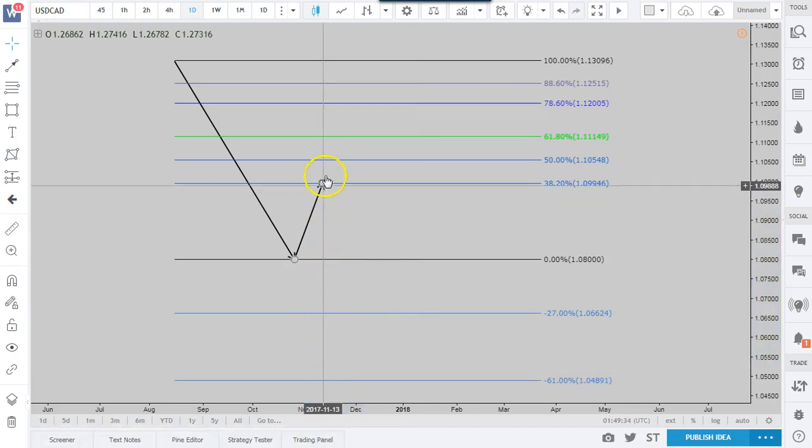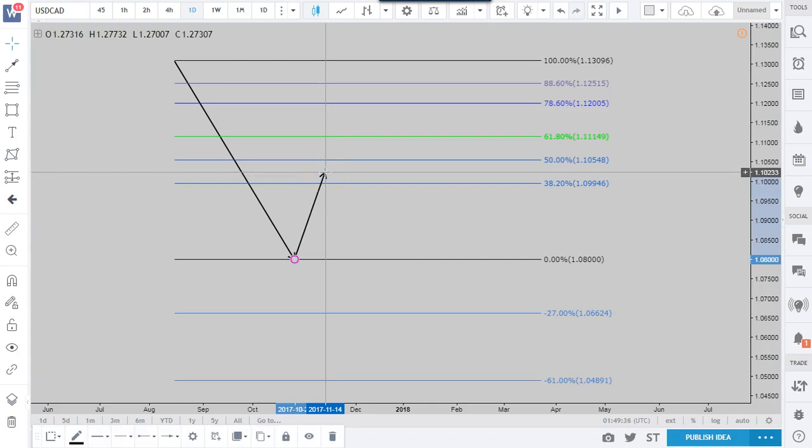So sometimes you might see price even surpass the 382, go into the 50.0, even break the 50.0, and even go to the important level.